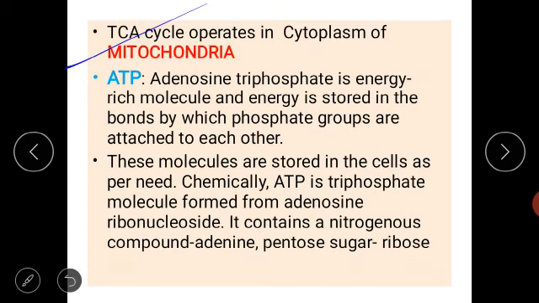As I said, the TCA cycle operates in the mitochondria, and whatever energy is produced is what? ATP. What is the full form of ATP? It is adenosine triphosphate.